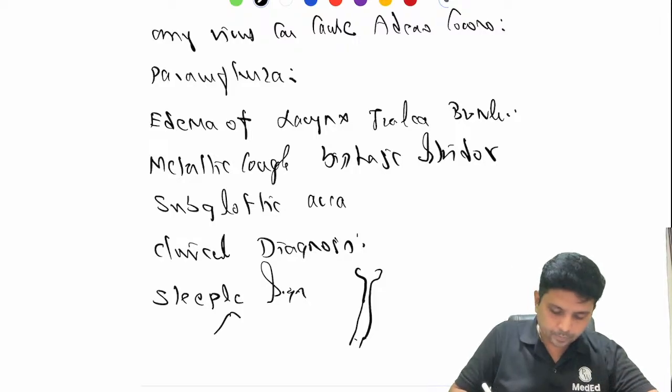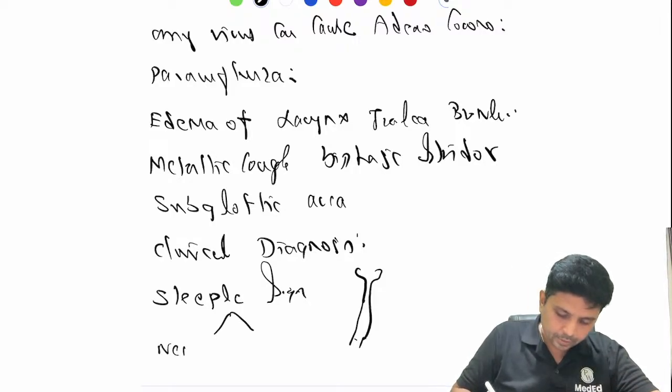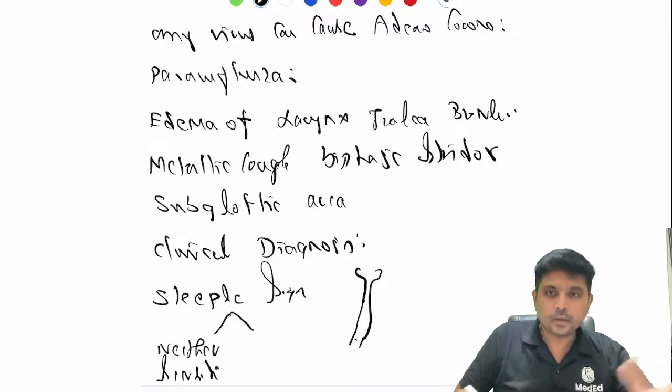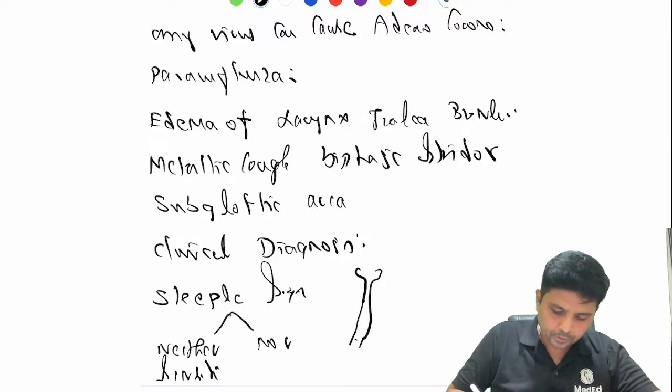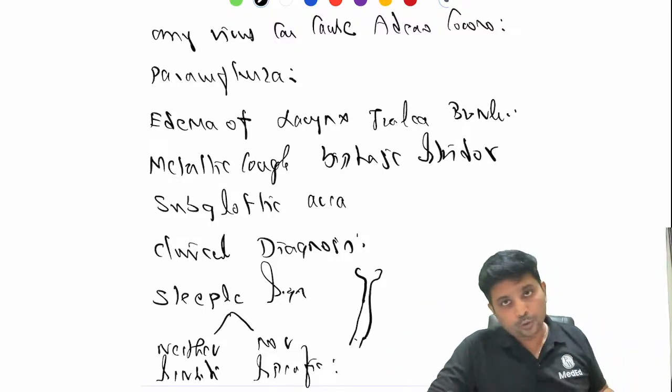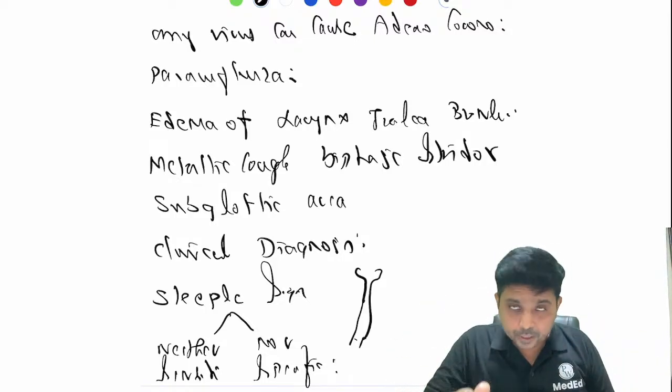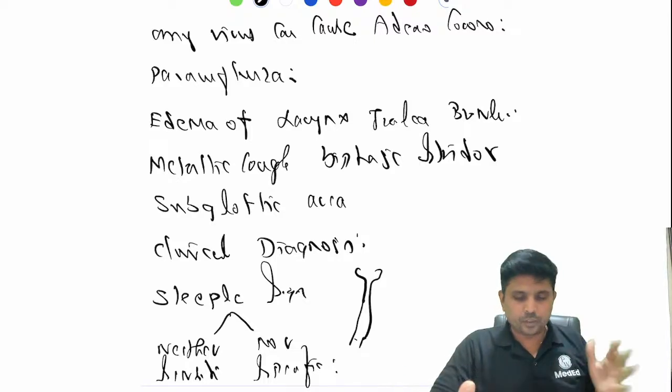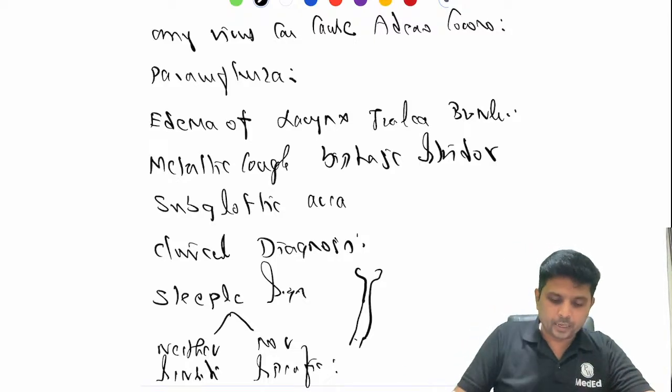It is neither sensitive nor specific. What does it mean? It can be absent in established croup, and it can be present in patients who don't have any croup. So it is a clinical decision.